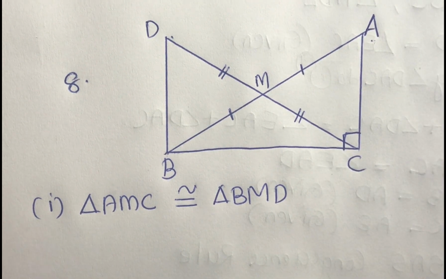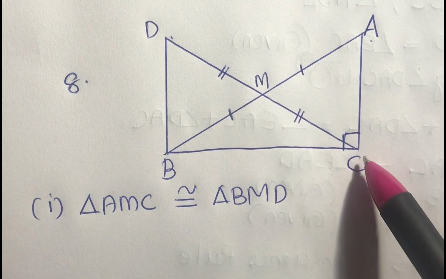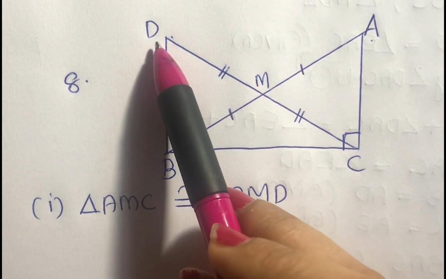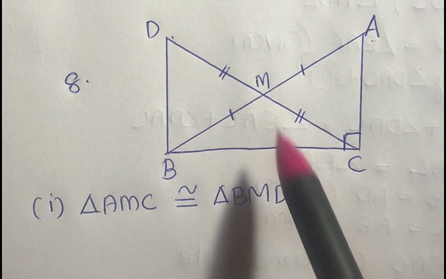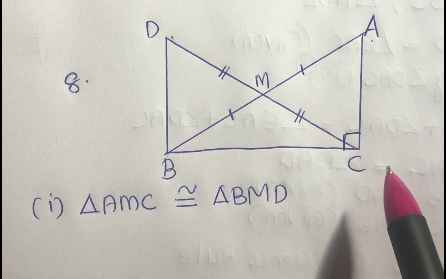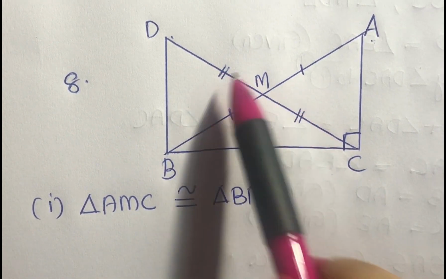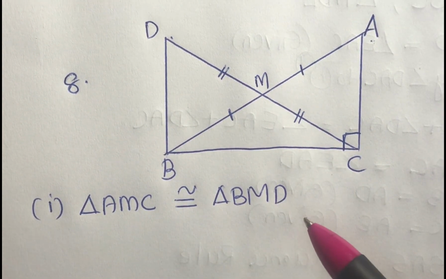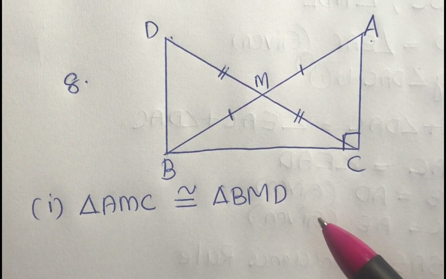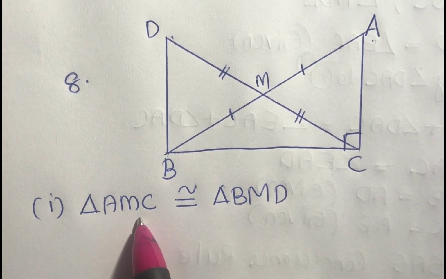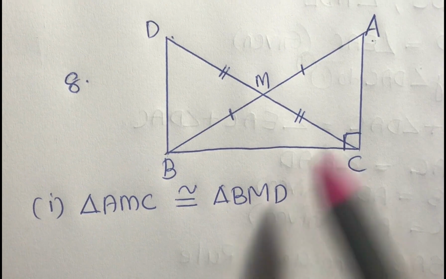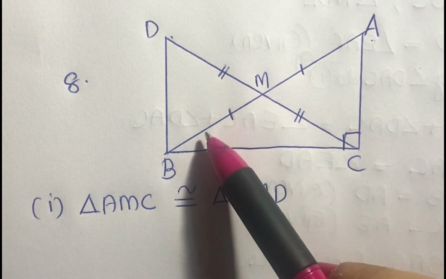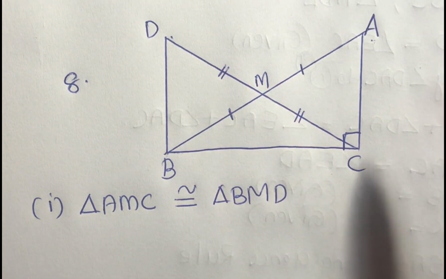C is joined to M and produced to D such that DM is equal to CM. So these two are equal. Now show that triangle AMC is congruent to triangle BMD.